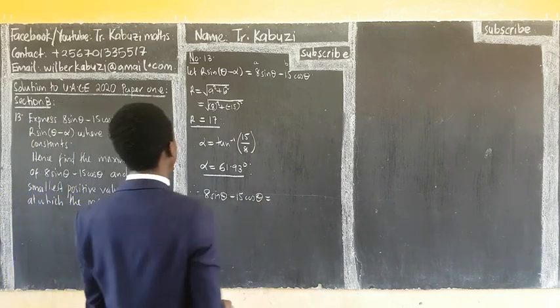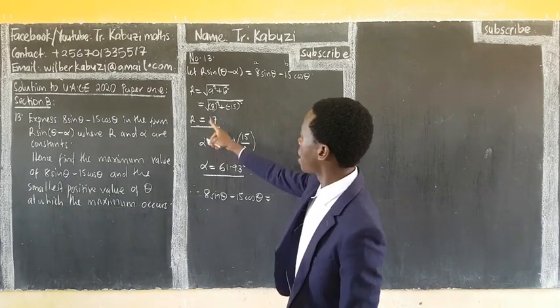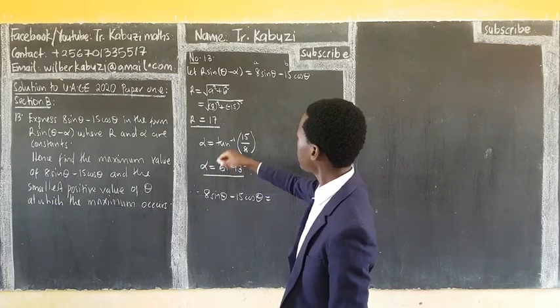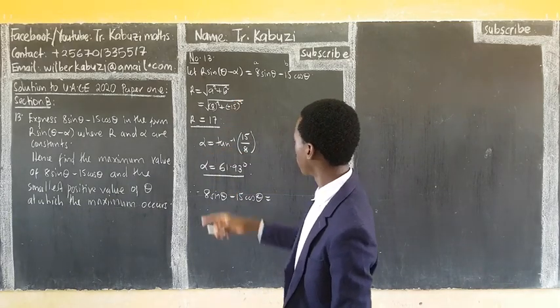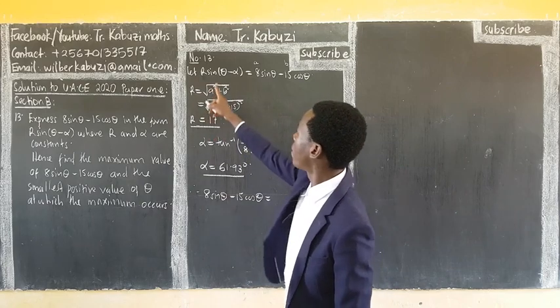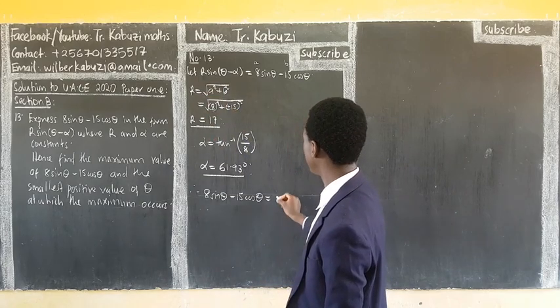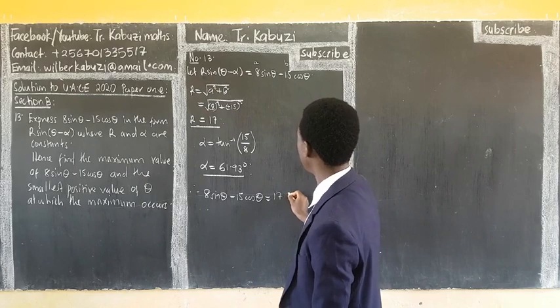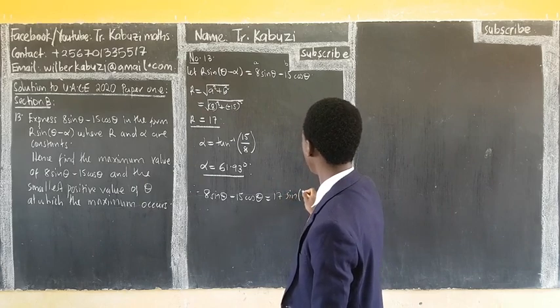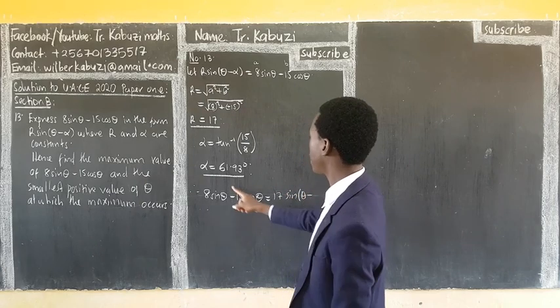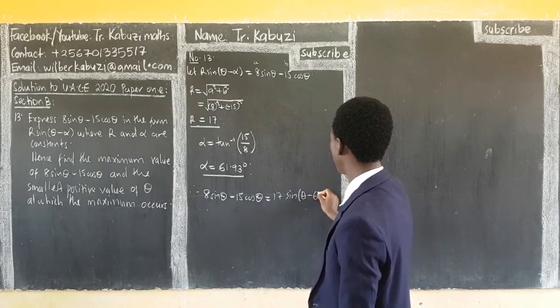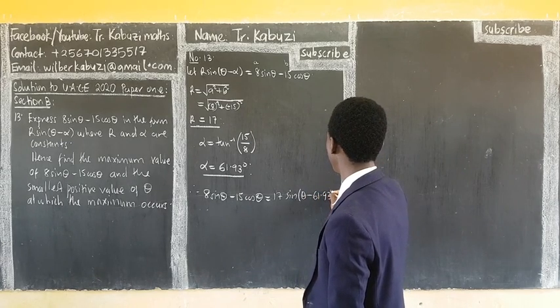is going to be equal to, now you can see, this is the positive, so you can see our r, which is now 17, then sine of theta minus alpha, which is 61.93.